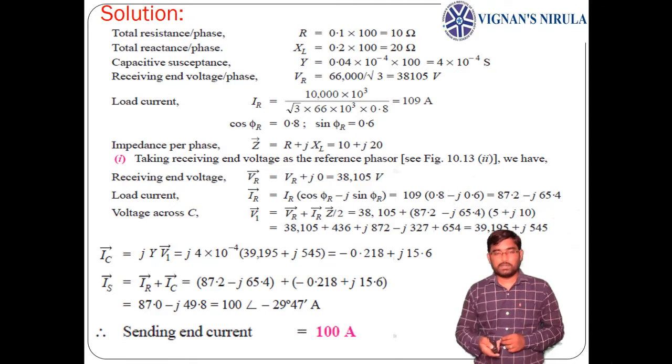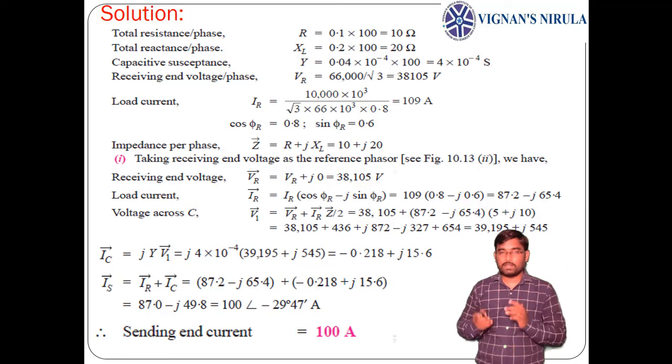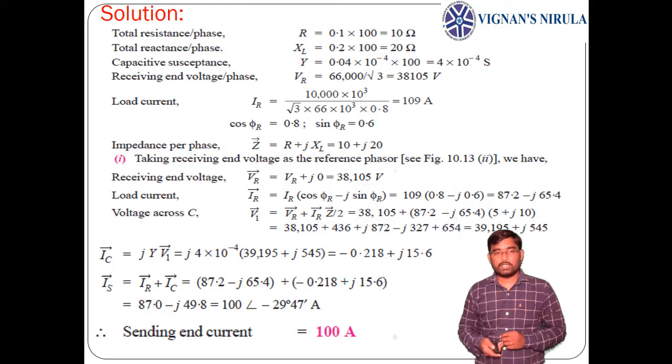Now let us find the sending end voltage. For that, see the step by step procedure. The receiving end voltage is taken as reference. So VR plus j0, that is 38,105 volts, and the receiving end current IR will be IR cos phi r minus j sin phi r, that is 109 into 0.8 minus j 0.6, which will be 87.2 minus j 65.4.